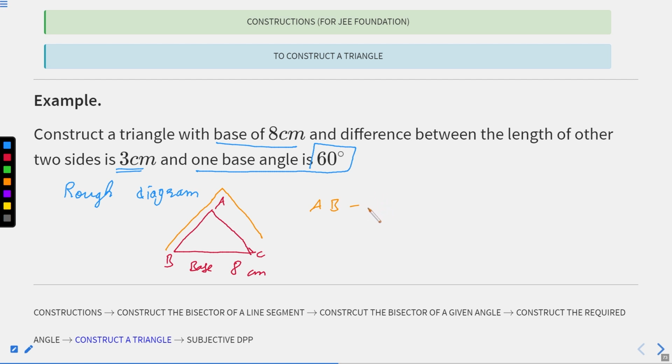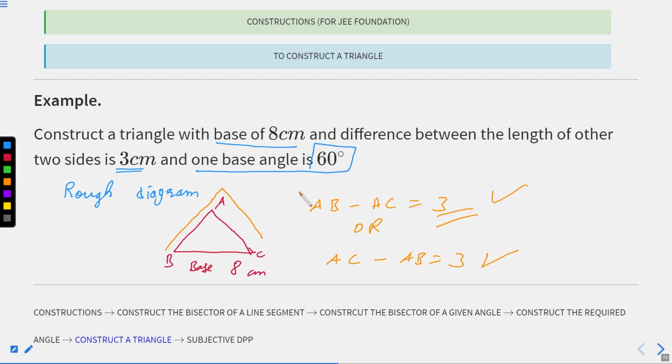AB minus AC is equal to 3, or it could be AC minus AB equal to 3. We will be constructing for both the cases. First we will be constructing for this case, and afterward for this.